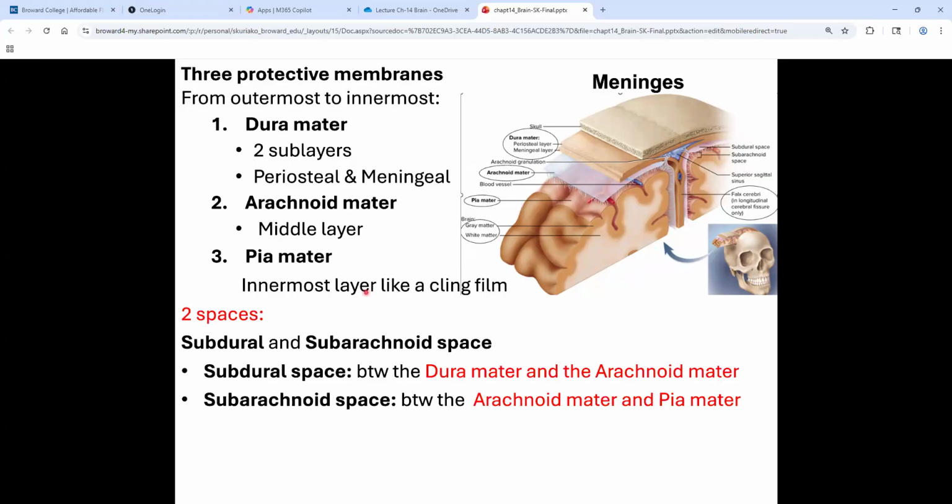That is the pia mater adherent to the brain. That's why it's shiny. It's because the pia mater is like a cling film attached to the brain. And there are 2 spaces which you need to know. One is below the dura mater, it's called the subdural space, and one is below the arachnoid mater, which is called the subarachnoid space.